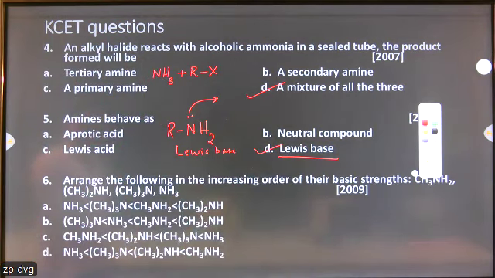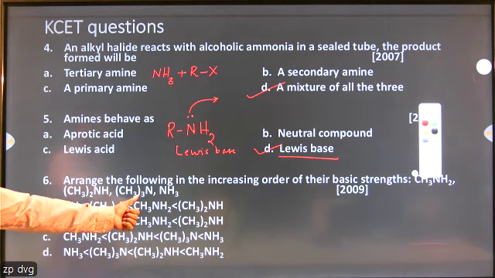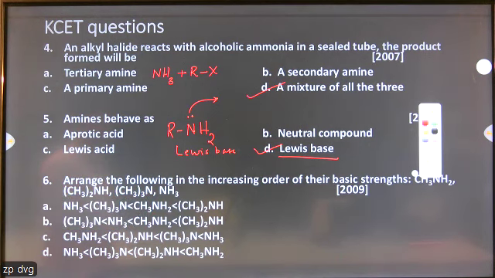Coming to the next question, arrange the following in the increasing order of their basic strength. So CH3NH2, (CH3)2NH, (CH3)3N, and NH3.